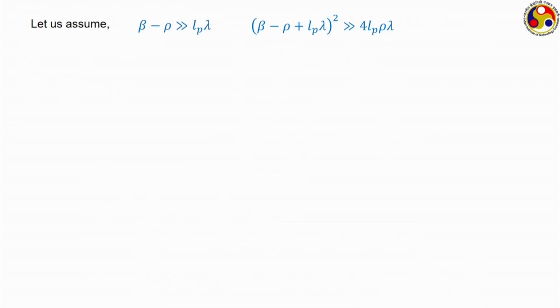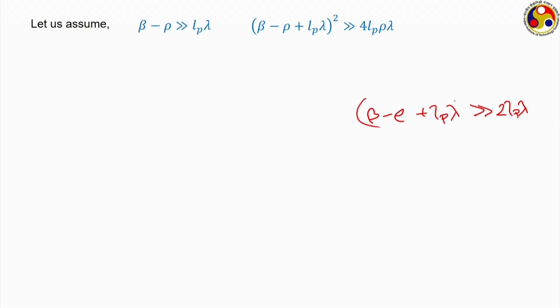First assumption is beta minus rho is significantly larger compared to this product of LP and lambda, and the second one is beta minus rho plus LP lambda whole square is significantly larger than 4 LP into rho into lambda. Actually, the second one can be obtained from the first one. If beta minus rho is greater than LP lambda, and we add LP lambda on both sides, it becomes twice of this.